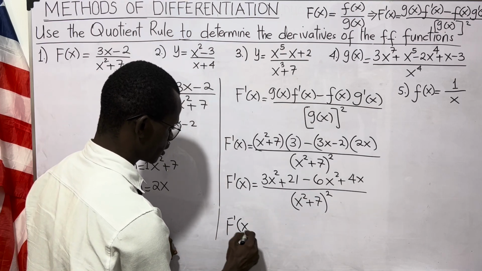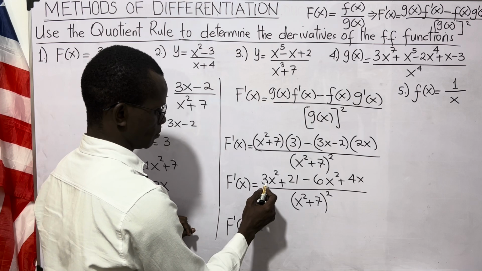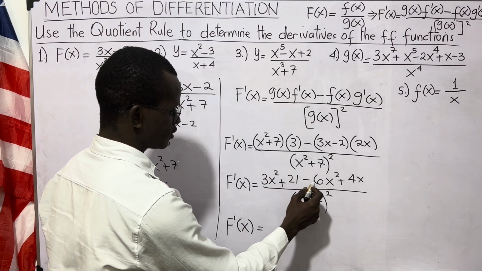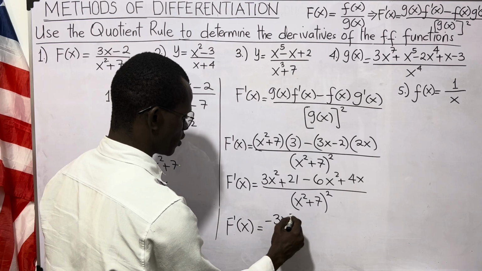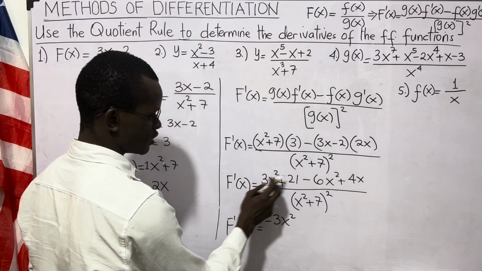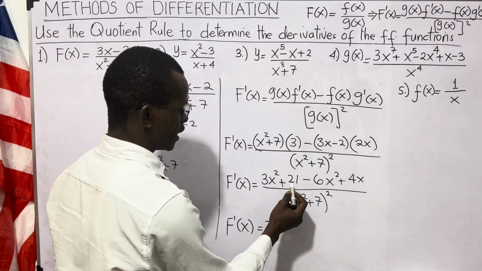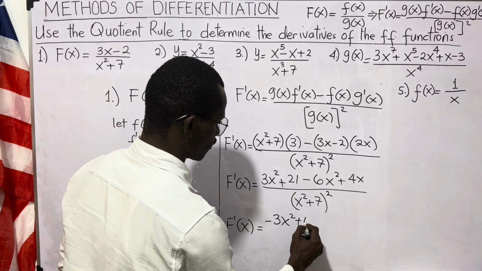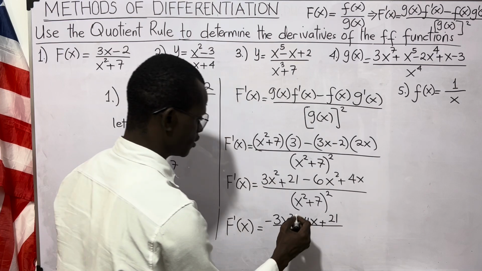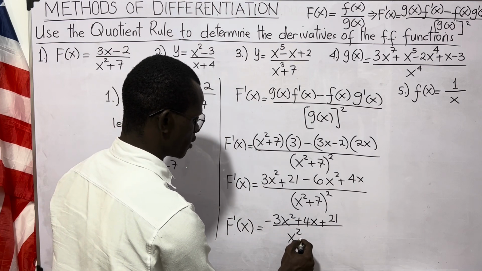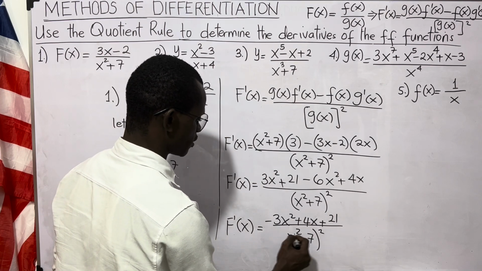So further, 3x squared minus 6x squared gives us minus 3x squared. The signs are different. We subtract the greatest number and carry the sign, and then plus 4x plus 21 all over x squared plus 7 raised to the second power.